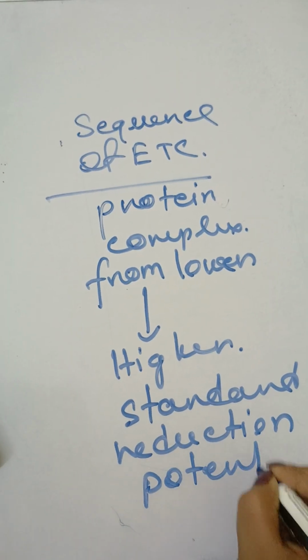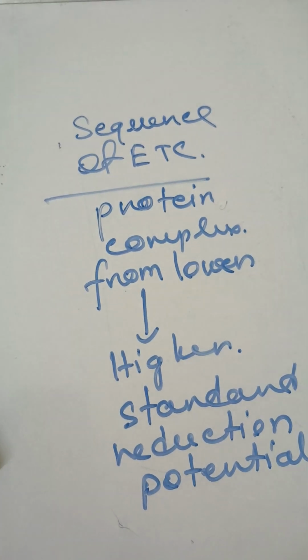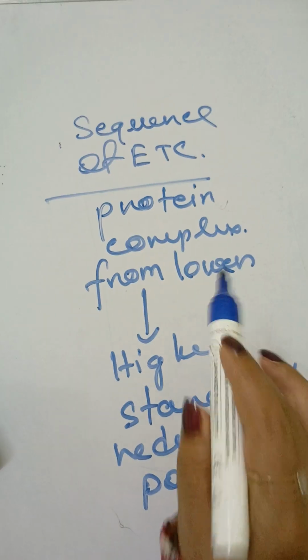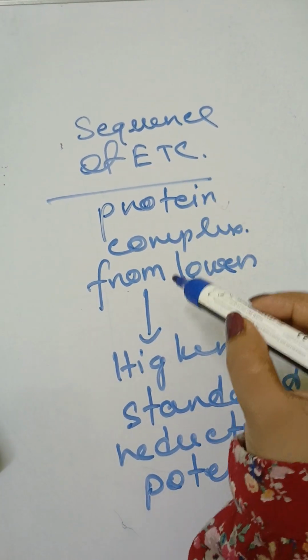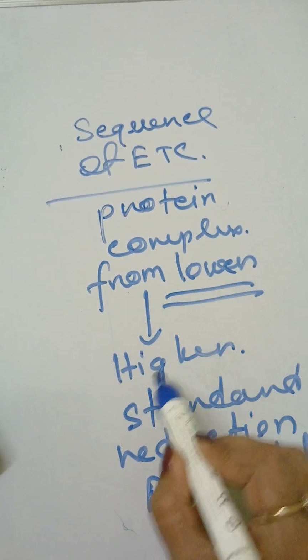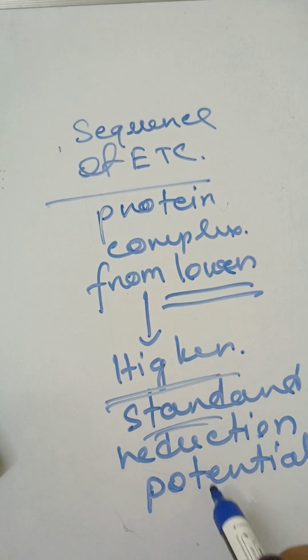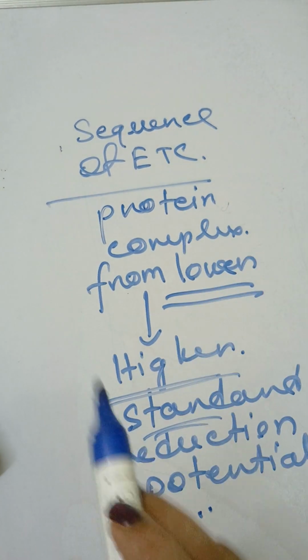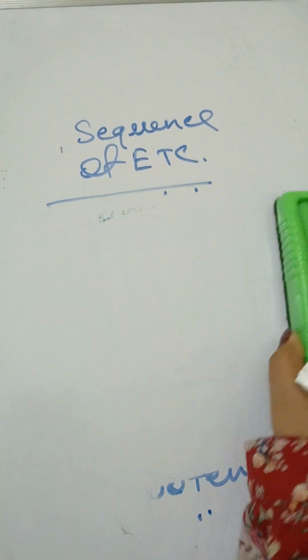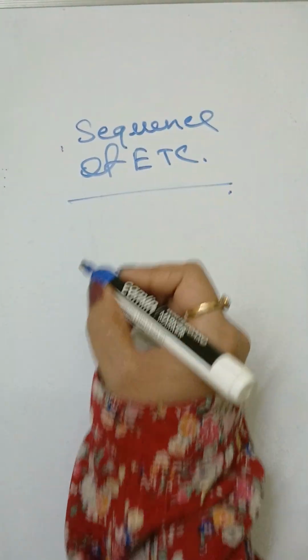So in the case of the electron transport chain, electrons always pass from lower to higher standard reduction potential containing protein complexes. I'll discuss the whole ETC sequence here.